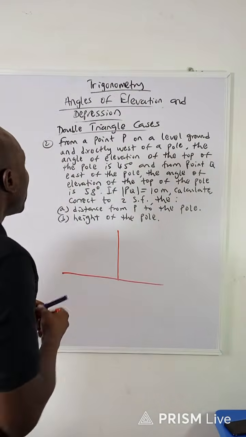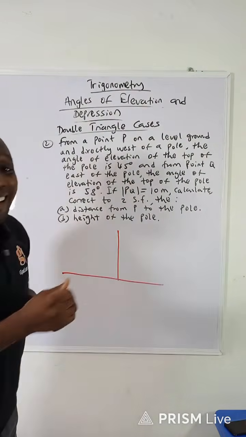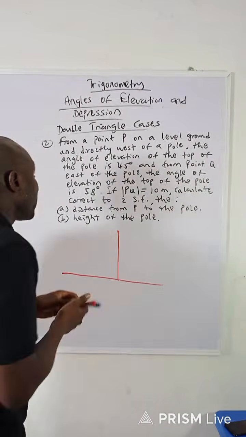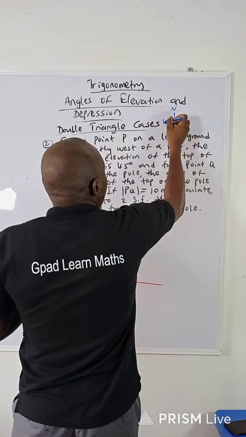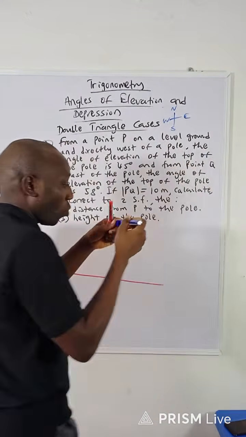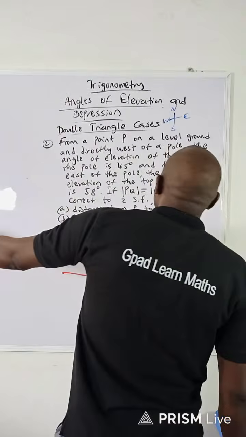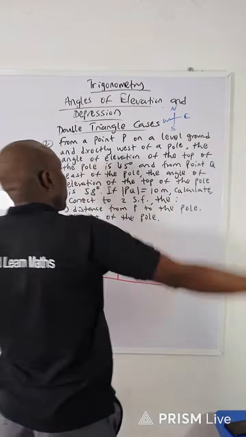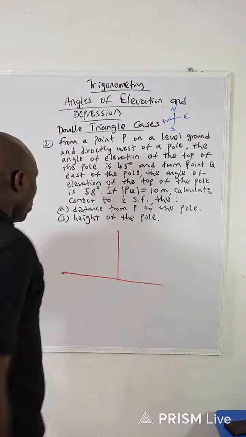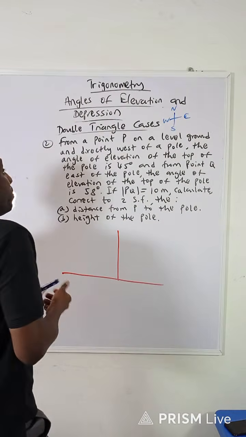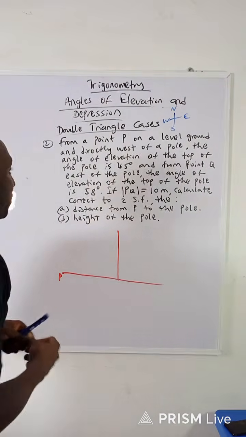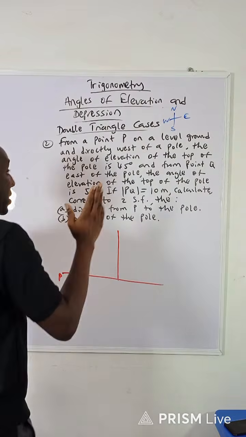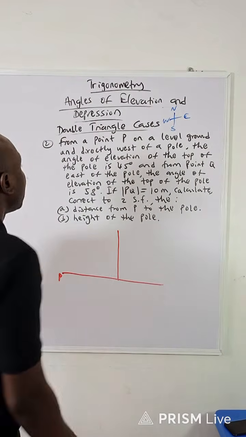When you say west, look at the four cardinal points: north, south, west, and east. West is towards the left, east is towards the right. So point P is here, because they say west of the pole.